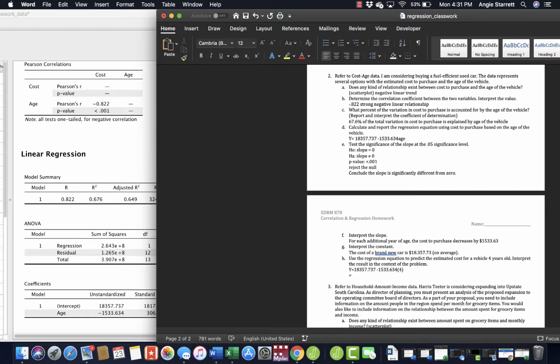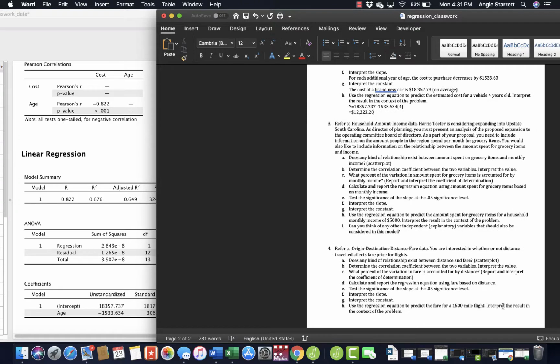Plugging this into my iPhone, 1533.634 times 4, and add that to 18,357.737. I am getting a value of $12,223.20.